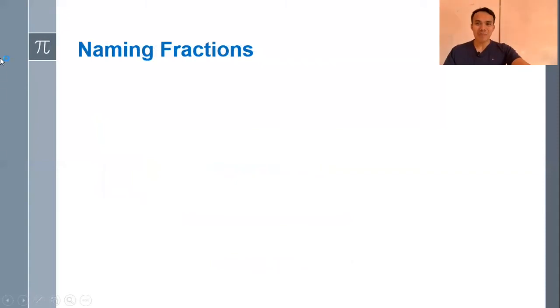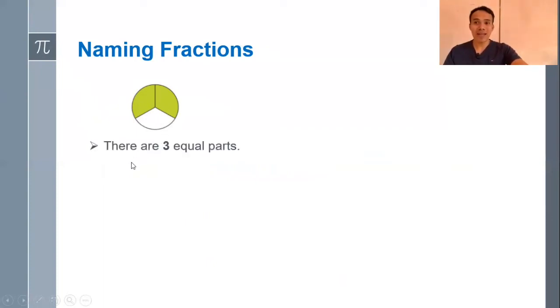All right. Now let's discuss further about naming fractions. How do we name fractions? I have here two examples, and let's start with the first example. We have a circle divided into 3 equal parts. 1, 2, 3 equal parts.